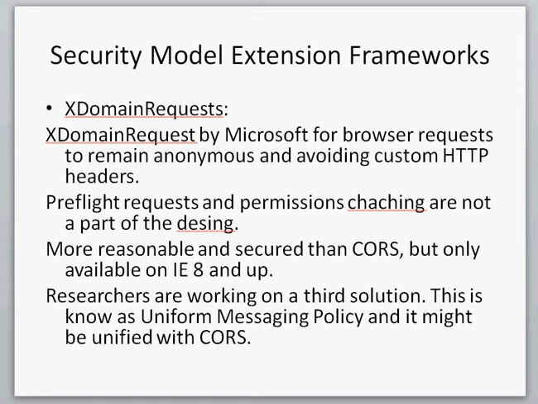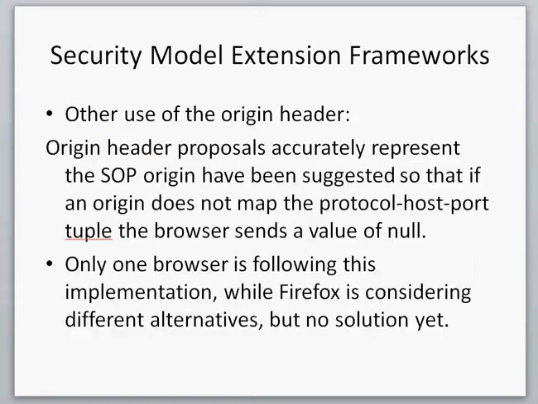Now, researchers are working on a third solution, known as the Uniform Messaging Policy, and it might be unified with CORS. It is still unknown at this point, but it's something they're definitely looking into. Also, there is another use of the Origin header. The Origin header proposal accurately represents the SOP origin, so that if an origin does not map to the protocol, host, port tuple, the browser sends a value of null.